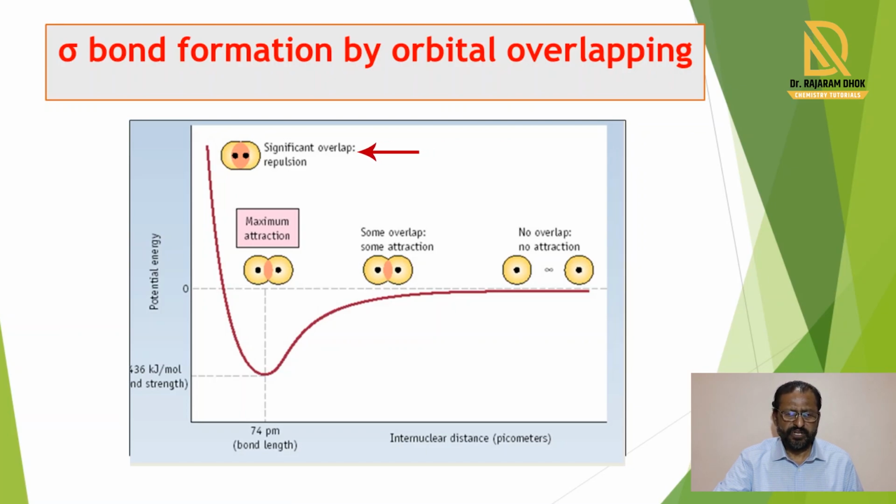In this antibonding molecular orbital case, the energy of the molecular orbital is increased, and when this energy increases, the molecule becomes unstable. So this diagram shows how atomic orbitals interact and become stable or unstable, that is, bonding molecular orbital and antibonding molecular orbital.